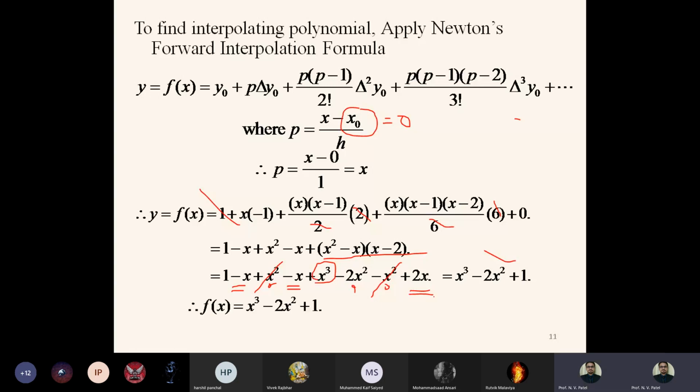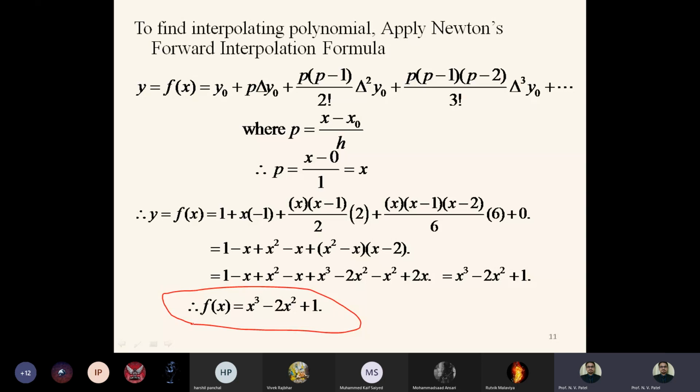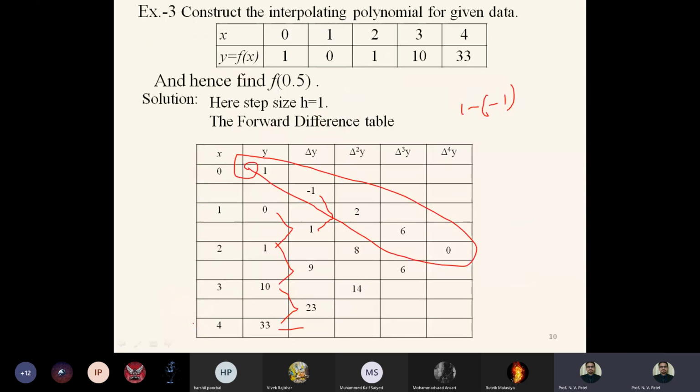So here we find the polynomial which is best fitted in this case. That polynomial is x cube minus 2x square plus 1. So x cube minus 2x square plus 1 is your polynomial.